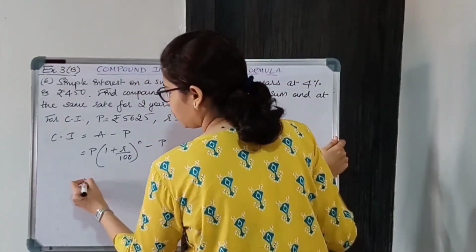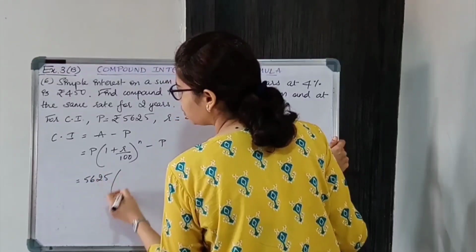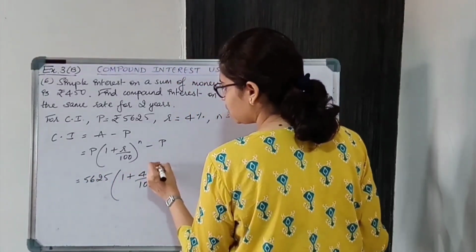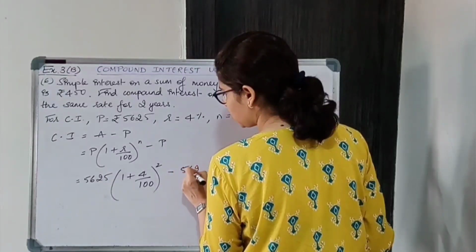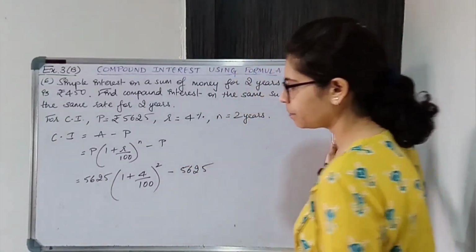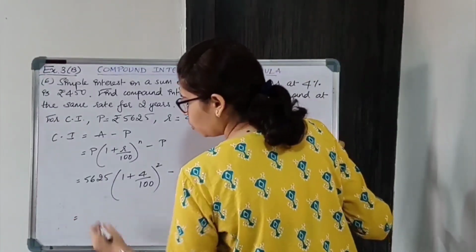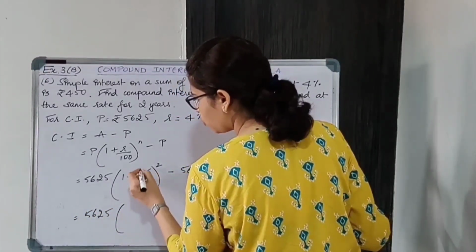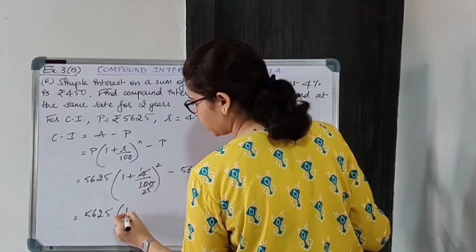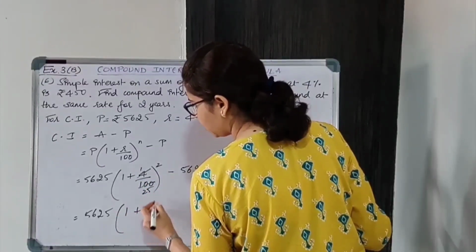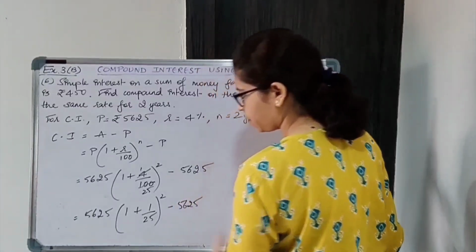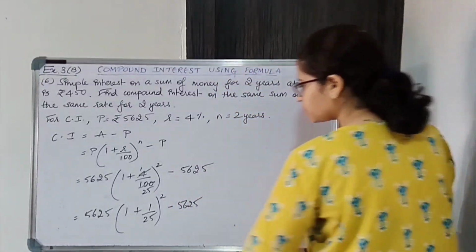We'll get 5625 into 1 plus 4 upon 100 raised to n is 2 minus 5625. So 5625 into 1 plus 1 upon 25 raised to 2 minus 5625.